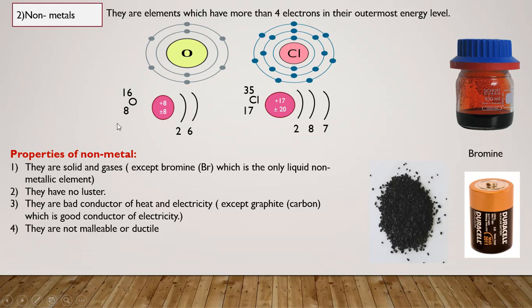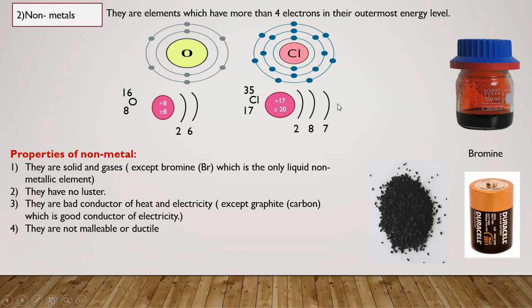Oxygen contains 8 electrons, and by doing the electronic configuration 2, 6, I have here in the outermost energy level 6 electrons, more than 4 electrons, so the oxygen is a non-metal. And also the chlorine, it contains 17 electrons. By doing the electronic configuration 2, 8, 7, the outermost energy level contains more than 4 electrons, so it's a non-metal.